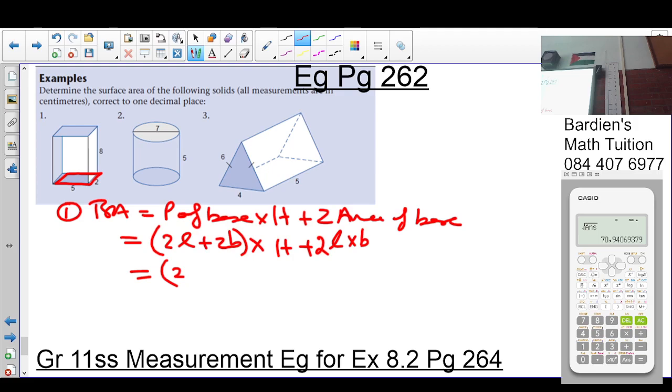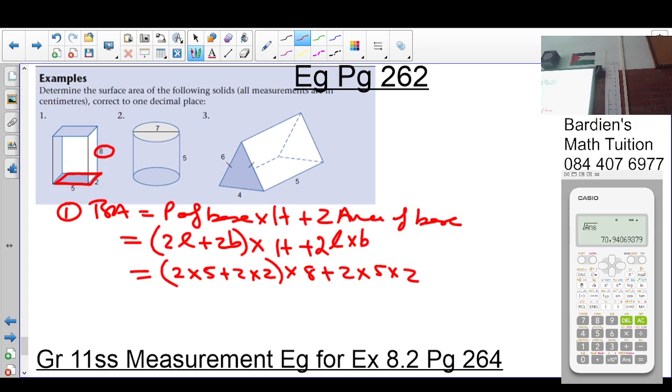So what's the length going to be? 5 plus 2 times, what's the breadth? Delma, talk as if you're not here, no? Times the height. The height, of course, is 8 plus 2 times the length, which is 5, times the breadth.